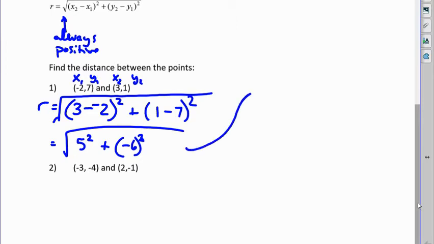So continuing my work, 25 plus 36, square root of 61. I'm not going to use a decimal. I'm going to think about if that's prime or not. And it is a prime number, so I will leave it as root 61.